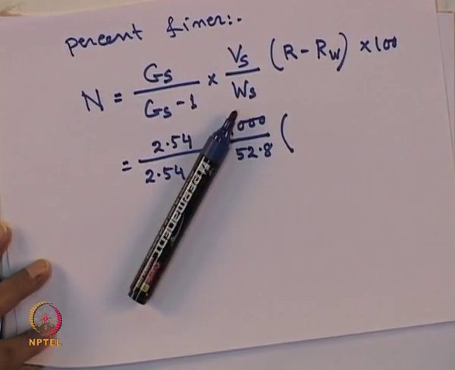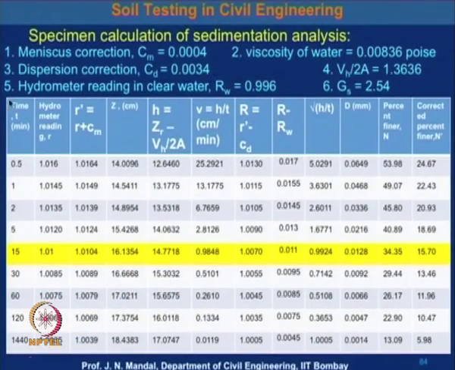Here you can see that this is the Rw value. Okay, this is R and this is R minus Rw, and the Rw value is given as 0.996. So, this R minus Rw value is also given. Okay.